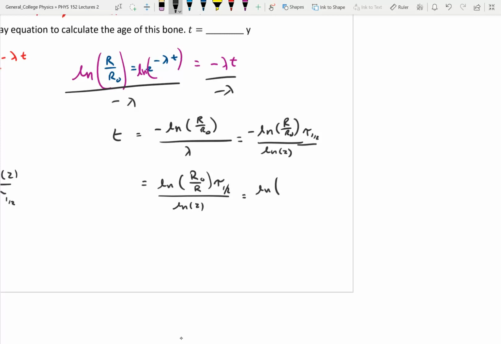Natural log of my initial value, 1.35 times 10 to the minus 12, over my final, which is 6.84 times 10 to the minus 14. Multiply that by the half-life and divide by natural log of 2. And I end up with an age of 24,700 years.